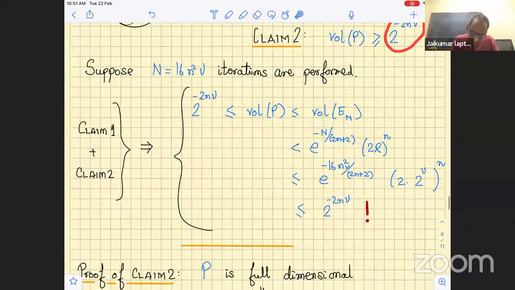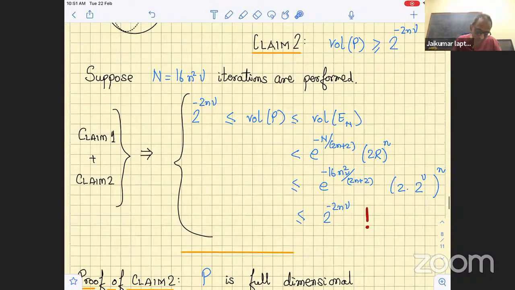Then we can estimate how many iterations we need. So I've, with hindsight, guessed. Look at this n. N is 16, n squared, which is the dimension of the space that we are living in. And this is the size of the coefficients. If you run the ellipsoid method these many steps, what happens?